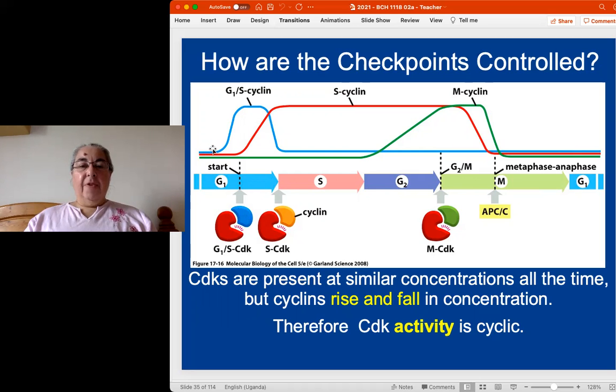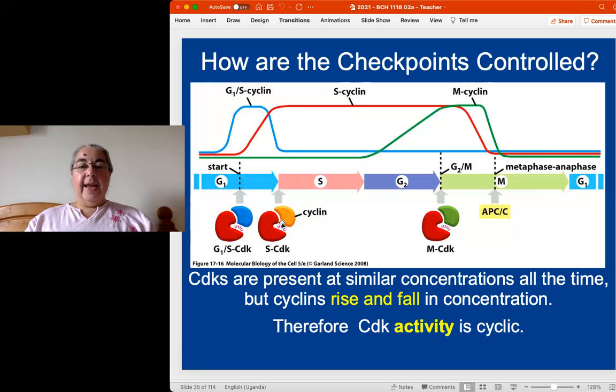And the presence of G1S cyclin is very high during G1 phase, but very low during the rest of the cell cycle. Okay, so this cyclin is only active during G1 phase.